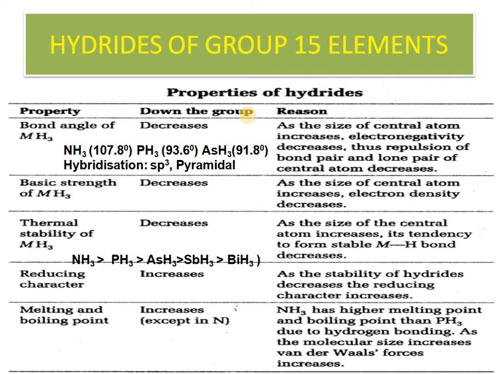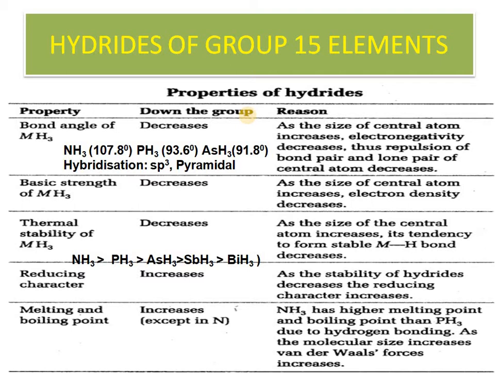So next is thermal stability. We have already discussed reducing character. Reducing character means it is a hydrogen provider. Hydrogen donation is only possible when the nitrogen-hydrogen bond is weak. Where it is weak, thermal stability is minimum. Bismuth-hydrogen thermal stability is minimum, so it means hydrogen will be available easily for donation.